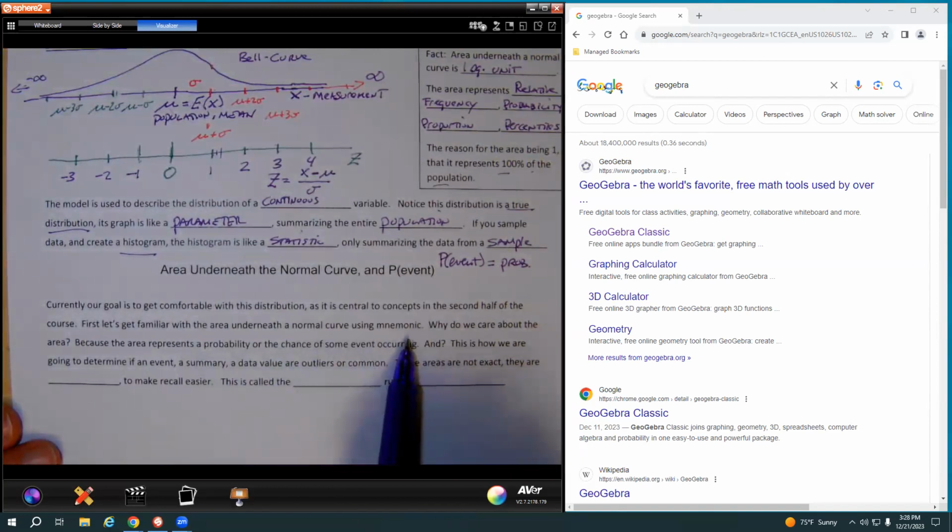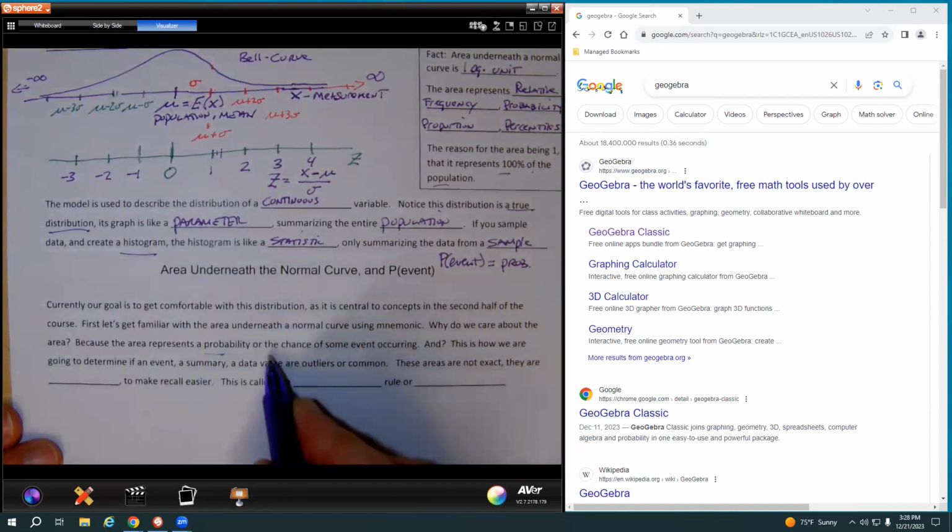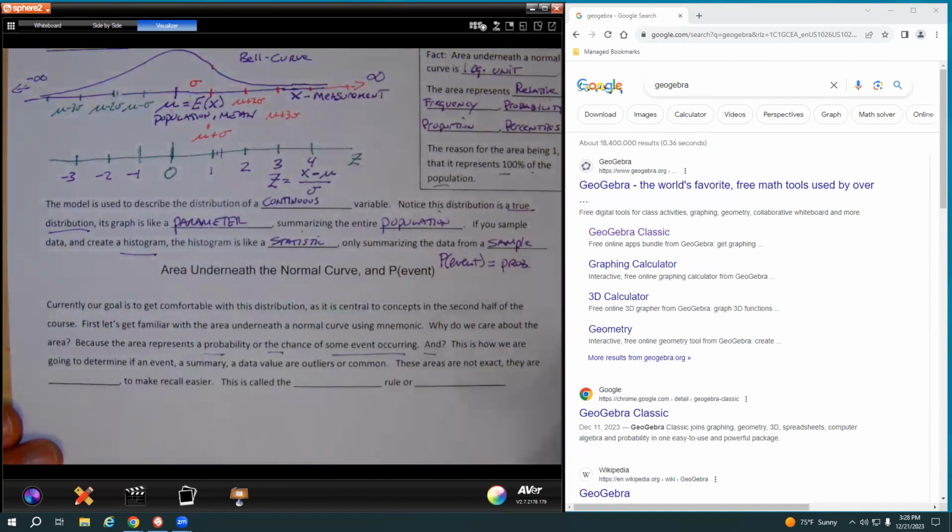And this is going to be an important mnemonic. Why do we care about the area? Because the area represents a probability, the chance of some event occurring. This is how we are going to determine if an event, a summary, or a data value is an outlier or common, for example. And why do we care about that? Because when it comes to making decisions using statistics, we're often asked some question, like, does this drug work?